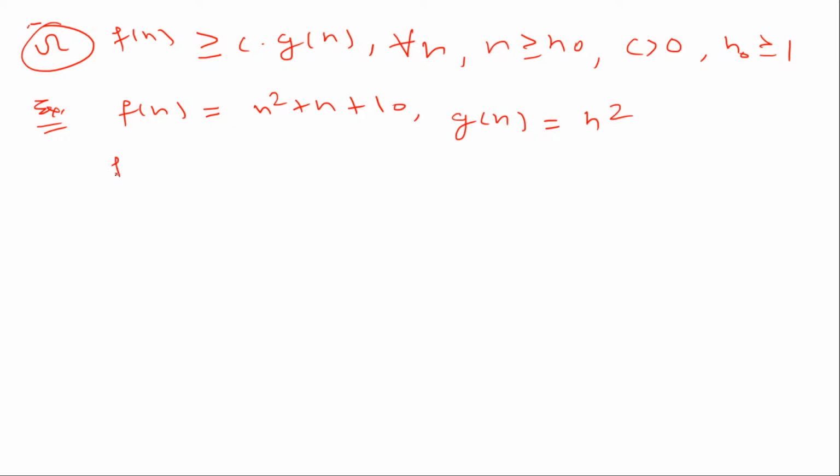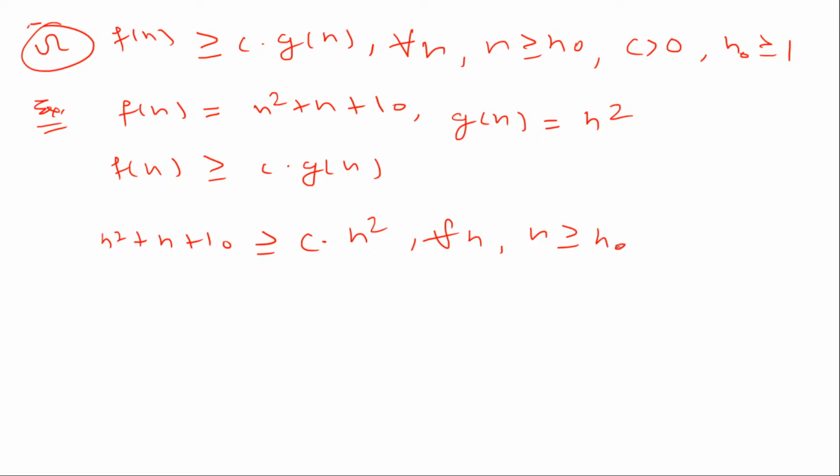We have to prove f(n) greater than or equal to c·g(n). Put n squared + n + 10 greater than or equal to c·n squared for all n greater than or equal to n naught, with n naught as 1 and c as 1.